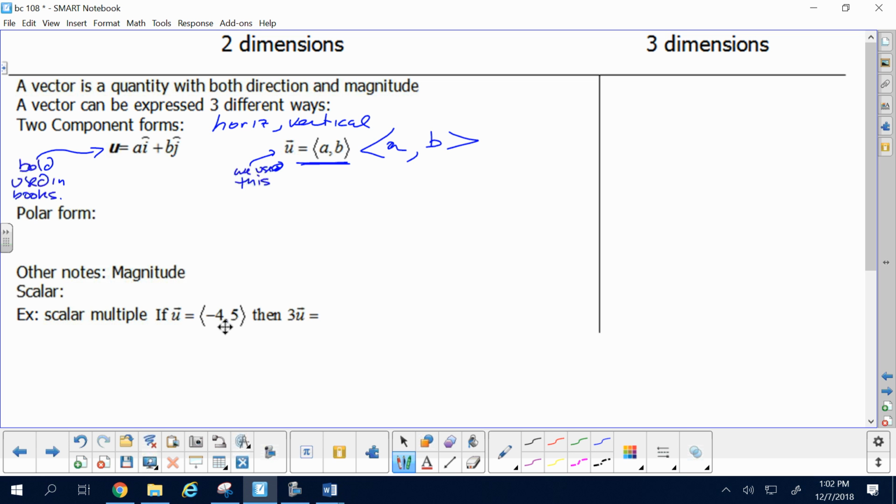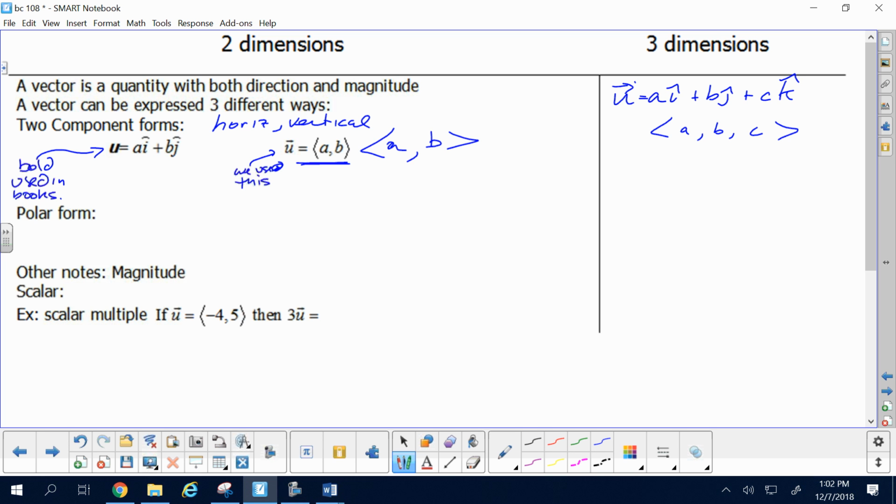It's up to you though. If you go in 3 dimensions, then instead of u being just i hat and j hat, it's also k hat, which is the z direction. Or if you like, a, b, z, an ordered triple, not an ordered pair.